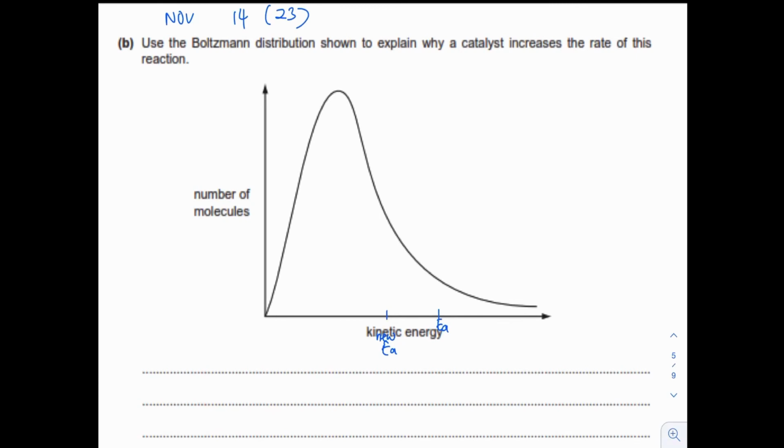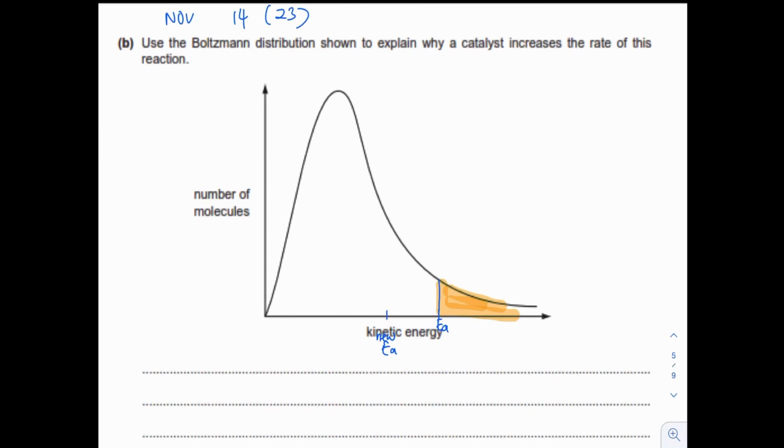Alright, now let us look at the area under the curve. For the original activation energy, the area under the graph is this much. The area under the graph represents the number of molecules with enough energy to overcome the activation energy. That means only this much of molecules are able to react. However, when the catalyst is added, the catalyst is able to lower the activation energy.